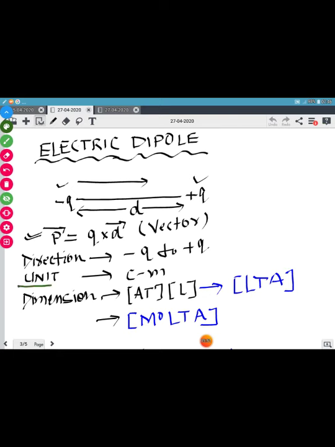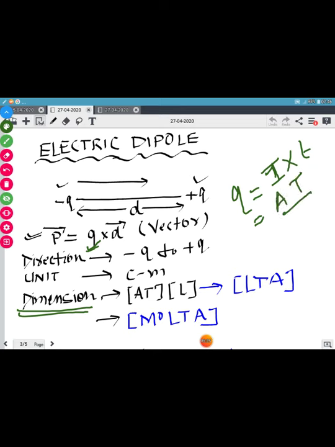Now the next is the unit of electric dipole moment. As you can see here, it is q, the charge, times distance. The unit of charge is coulomb, the unit of distance is meter. So coulomb meter is the unit of electric dipole moment. Now what about the dimension, the dimensional formula? Coulomb is basically charge q, which is current into time, where current is a fundamental unit represented as A and time as T. So in place of coulomb we can write AT.